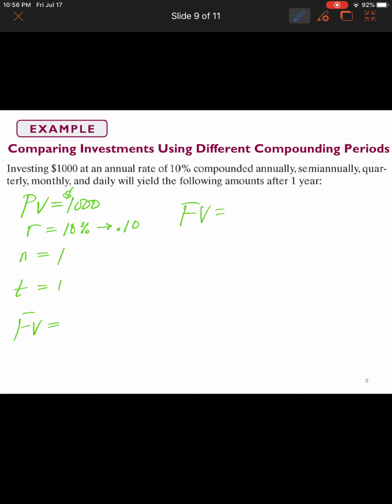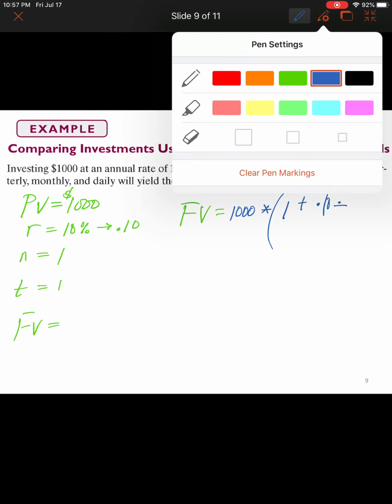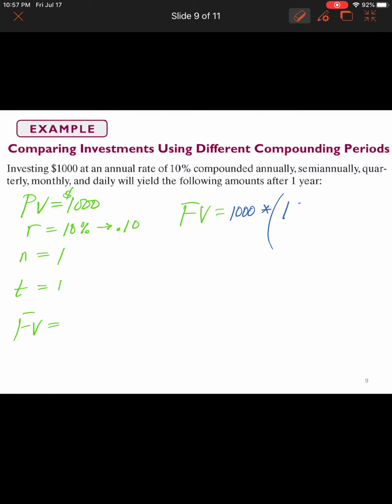You will put your present value, 1000, hit your multiplication symbol, open a parenthesis, 1 plus the interest rate, hit your division symbol, and that's 0.10. Let me write that better. I don't want anyone confused.